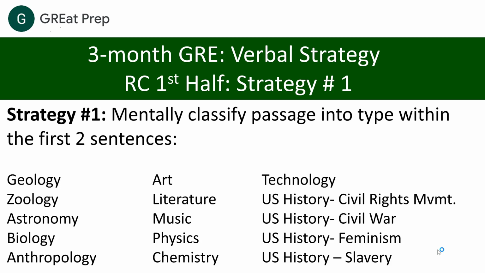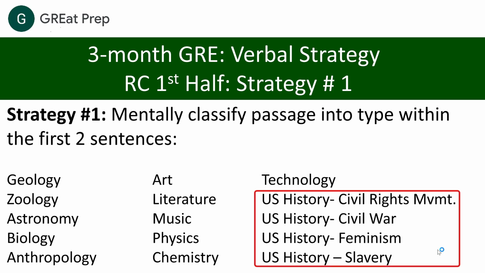Talking of slots, at this point, I'd like to mention US history. As you can see in this list of topics, US history has 4 subtopics, which cover the civil rights movement, the Civil War, feminism, and slavery.